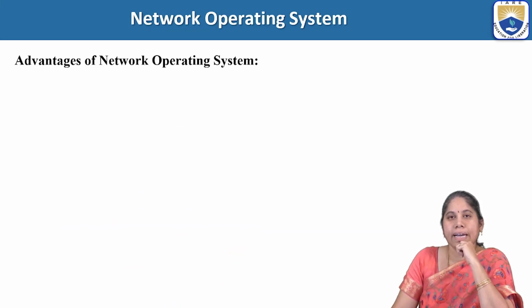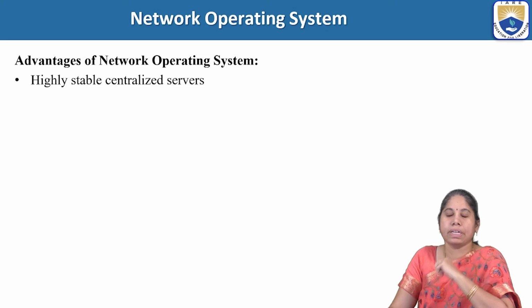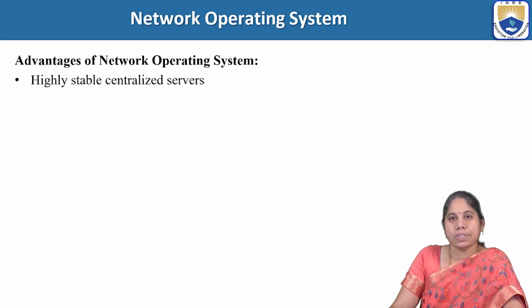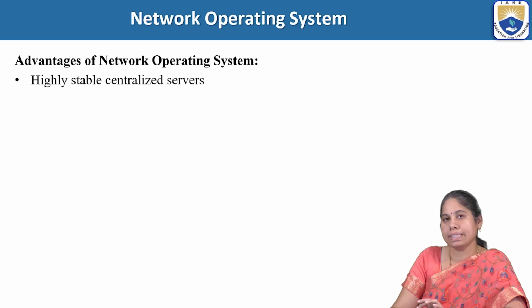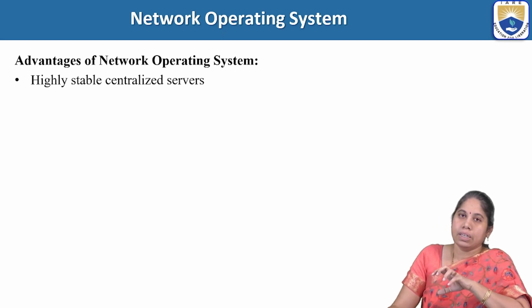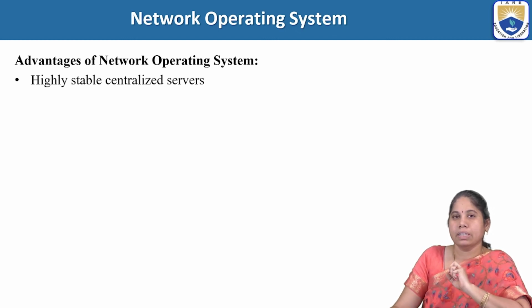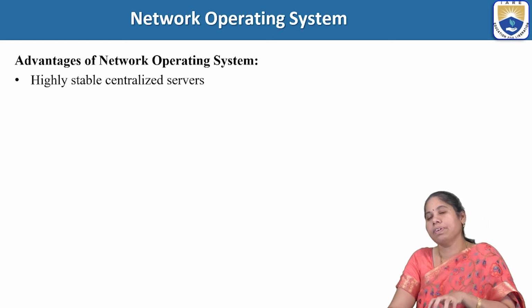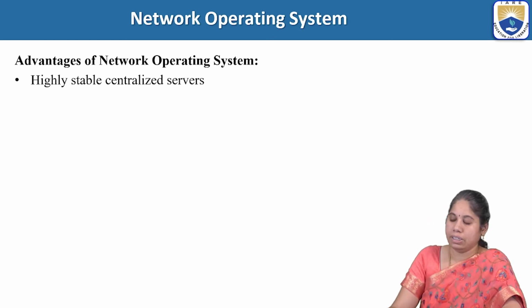Now come to the advantages of the network operating system. The client systems don't have their own operating system, but the server has an operating system, and it will perform their specific tasks with the network operating system on the server. That terminology we use as client server technology.